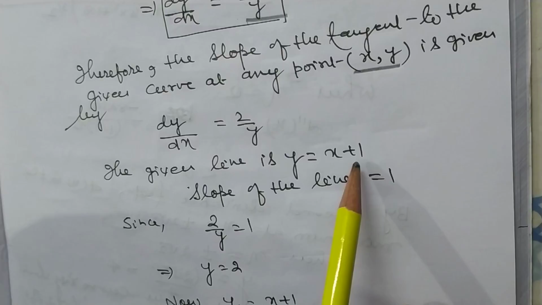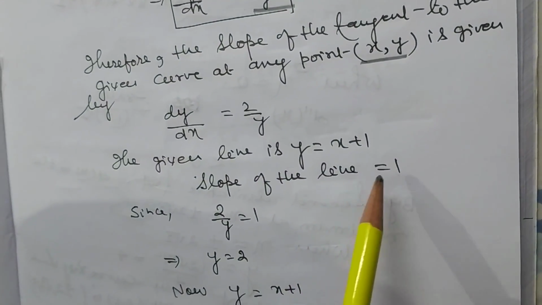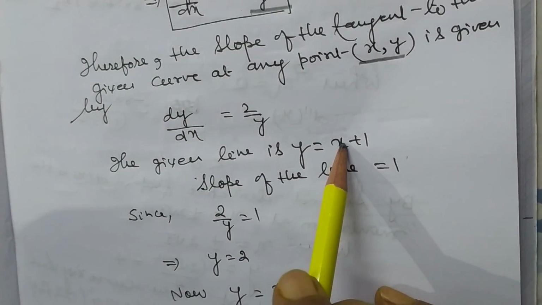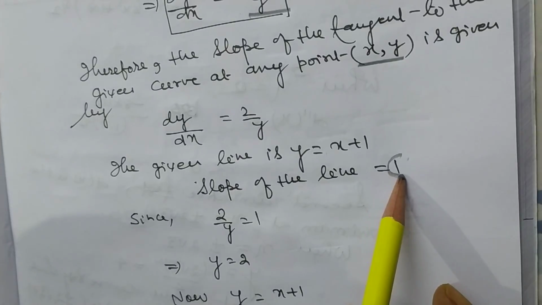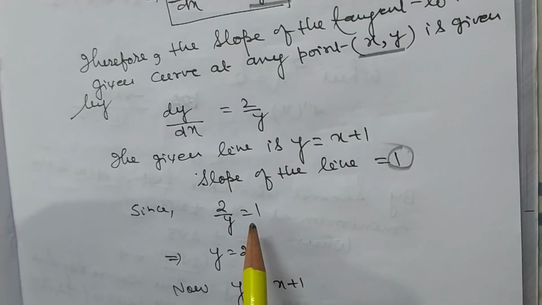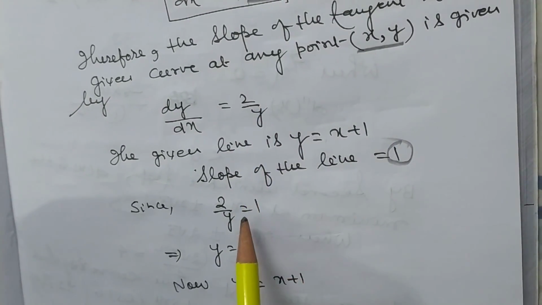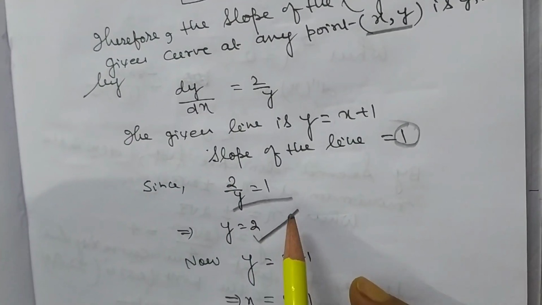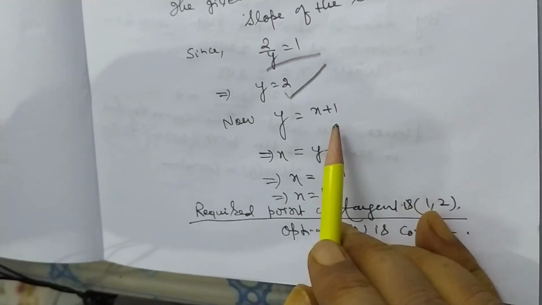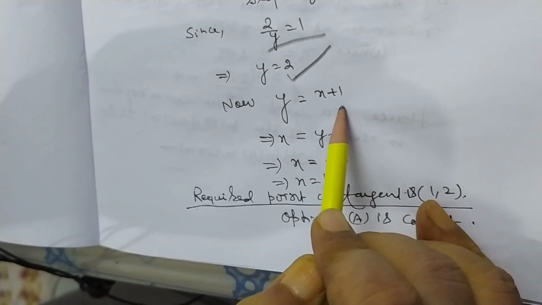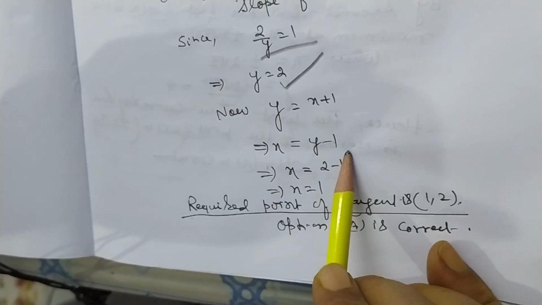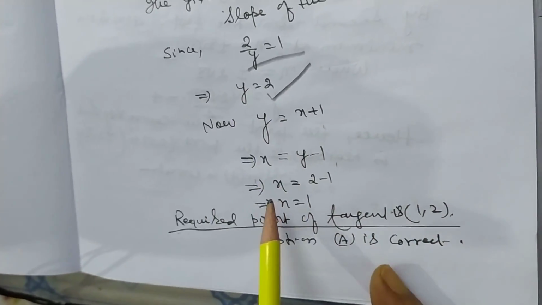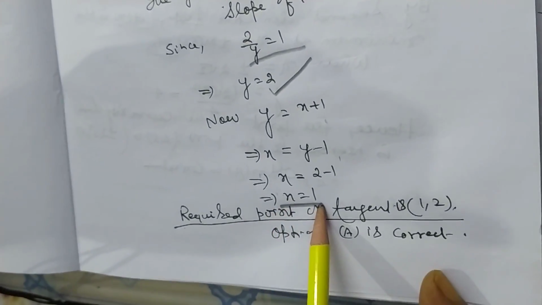The given line is y is equal to x plus 1. So the slope of the line, that is the coefficient of x, is 1. But the slope of the tangent is 2 by y. So y is equal to 2. Now y is equal to x plus 1, so x is equal to y minus 1, and y is equal to 2. So x is equal to 1.